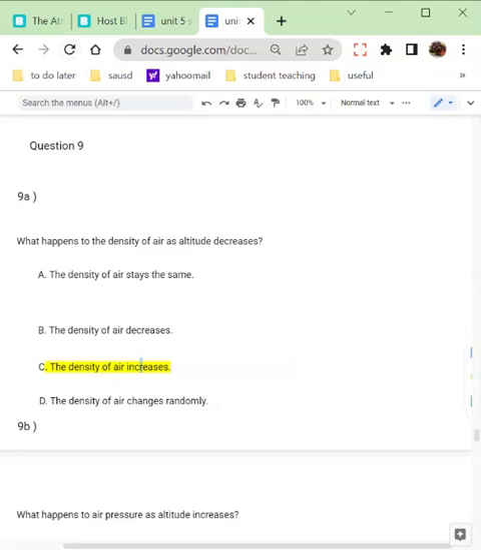If you ever went on a hike, the higher you go up, it's kind of harder to breathe, right? So that's because when the altitude increases, the density of air will decrease, right? Because they're opposites. And if the density decreases, that means there are fewer oxygen molecules available in the air, so less oxygen for us to breathe in. So that's why it's harder to breathe the higher you are.